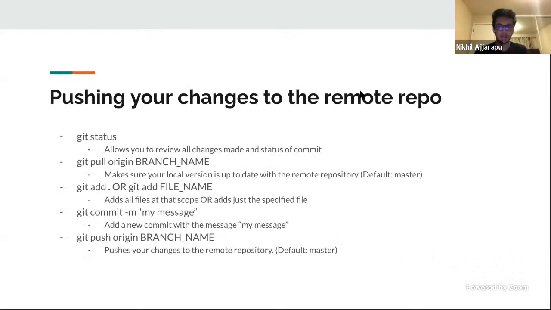So now here are a couple of commands. This is where essentially the power of GitHub and Git comes in, which is being able to check on what changes you're making, being able to store each change in a different version, which is called a commit, and pushing these commits up to the remote repository. As we were mentioning earlier, there's the local repository and the remote repository. Any changes you make initially will be in your local repository, right?